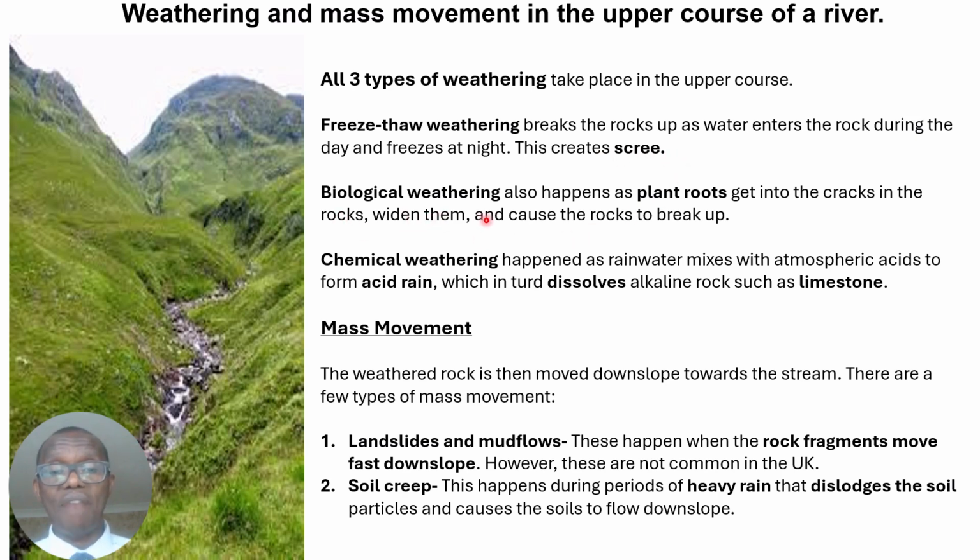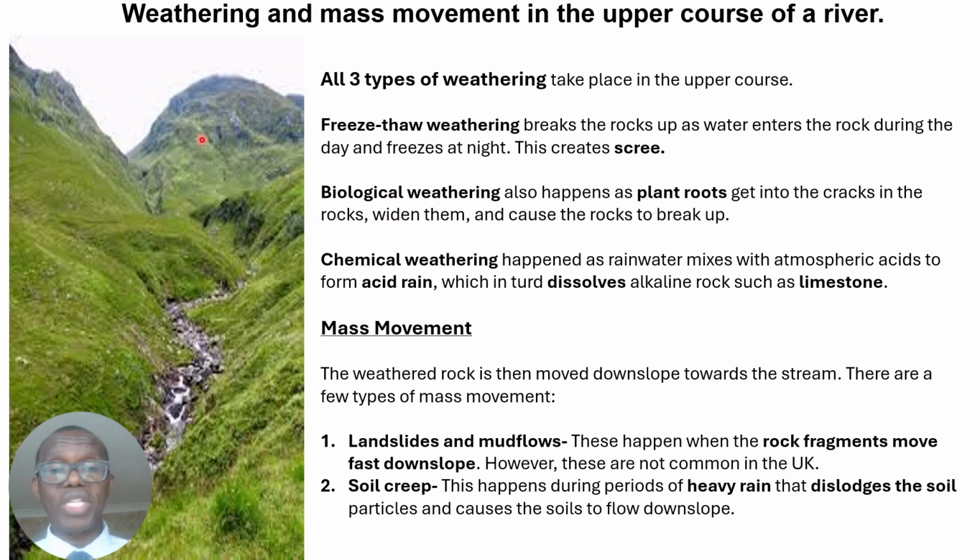And then we have biological weathering taking place as well. You have the vegetation here as the roots go into the cracks in the rock. And as that particular plant grows bigger, the roots grow bigger as well, and they cause that particular crack to become bigger, and eventually the rock breaks up. Then we have chemical weathering, which is where the acid in the rainwater will dissolve some of the rock.